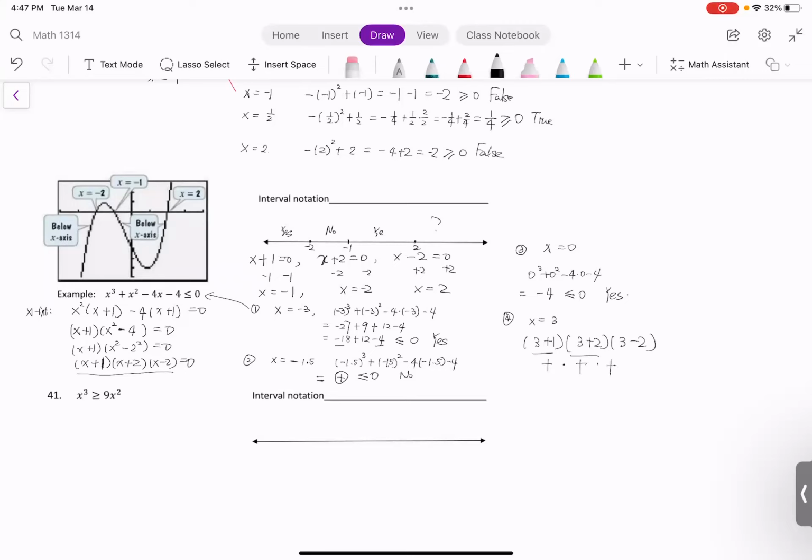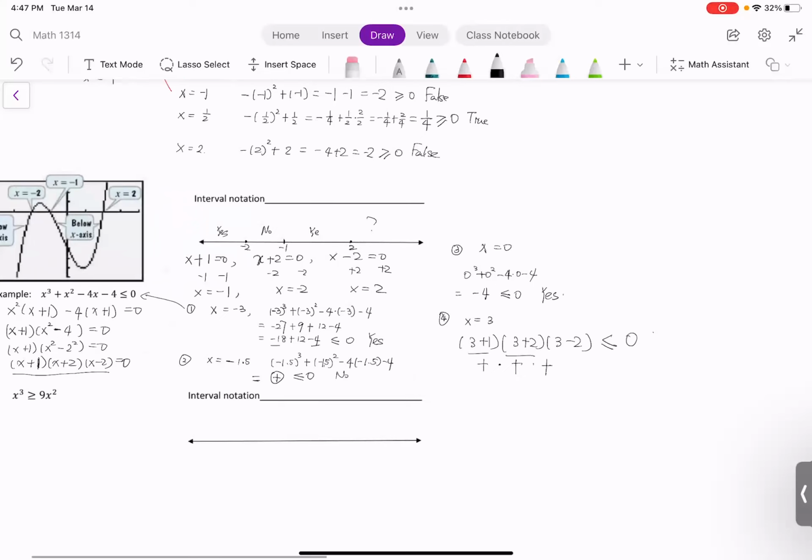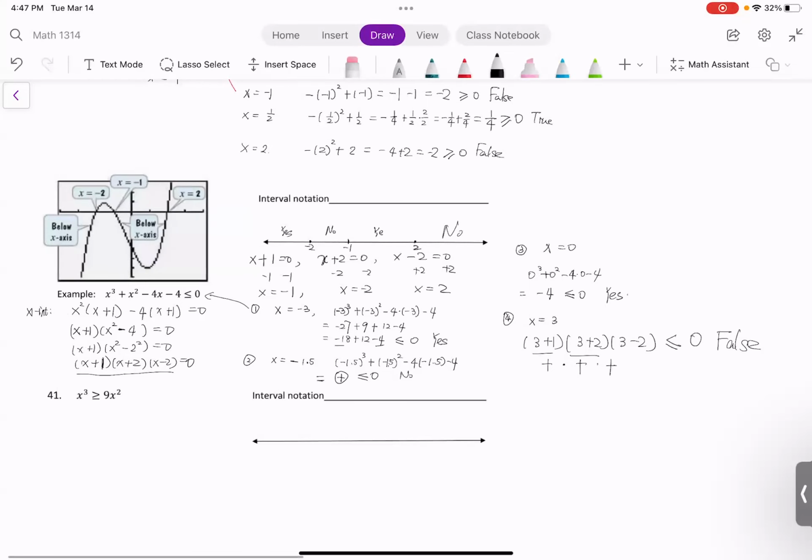Yes, it's positive because we have multiplication of 3 positive numbers. But this inequality said less than or equal to 0. No, it is not true. That's false. So the last interval, no, x doesn't satisfy this inequality. So only two intervals there, yes.